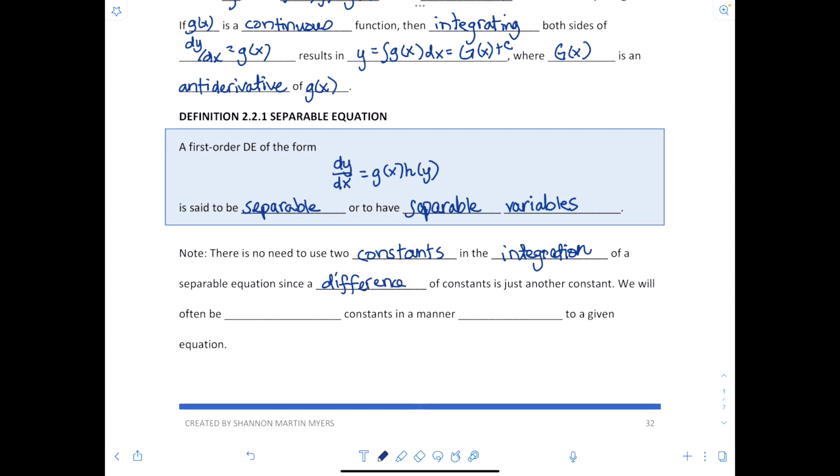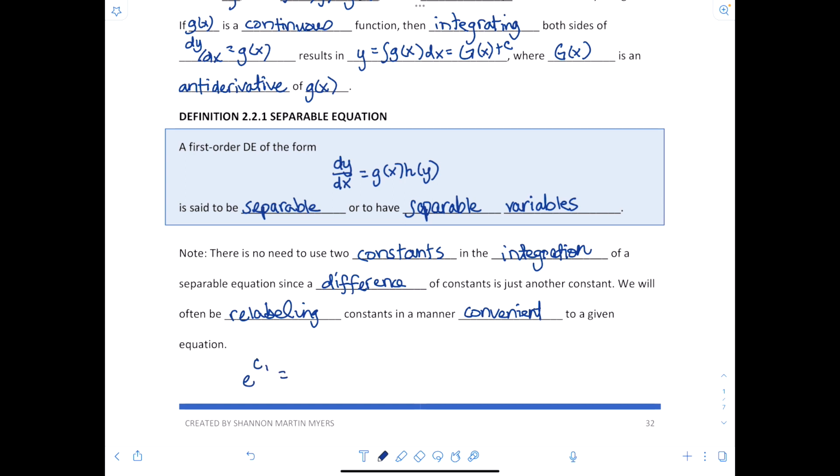since a difference of constants is just another constant. We will often be relabeling constants in a manner convenient to a given equation. So for example, let's say you have e to some constant c1.